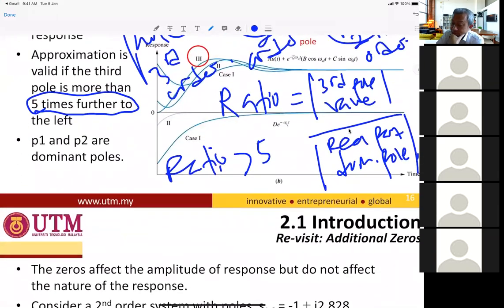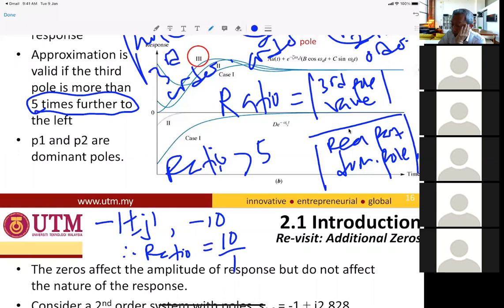Example. The dominant pole is -1 plus minus j1. The third pole here is -10. So what is the ratio? 10 divided by 1, so 10, which is greater than 5. So we can ignore the third pole.